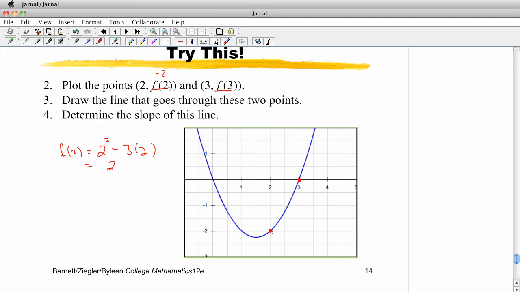So the line between these things is going to look kind of like this. It's a little hard to draw with this pad, but I'll do my best. So that's the line between the 2 points. I've drawn the 2 points.